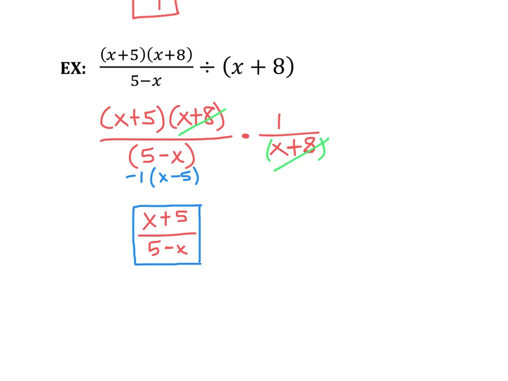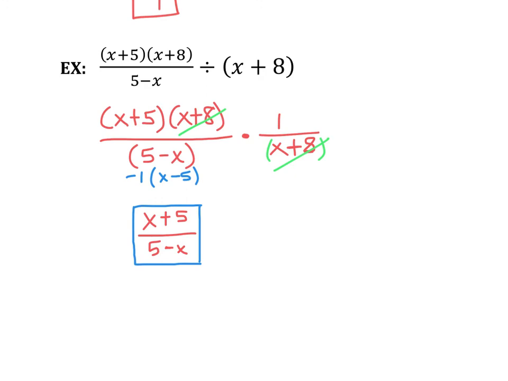Then once you're working with a product of rational expressions, which would be accomplished either if it was that way in the original problem or you turned a division problem into a multiplying problem, your next step is going to be to factor every numerator and denominator if possible. Then your next step will be to simplify by eliminating common factors between the numerator and denominator by canceling them out.